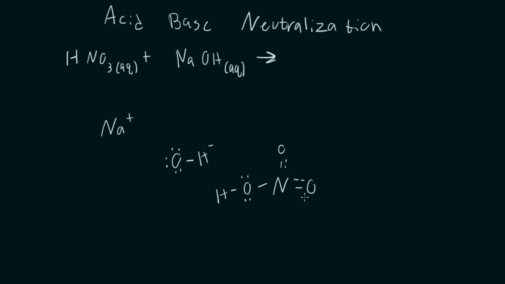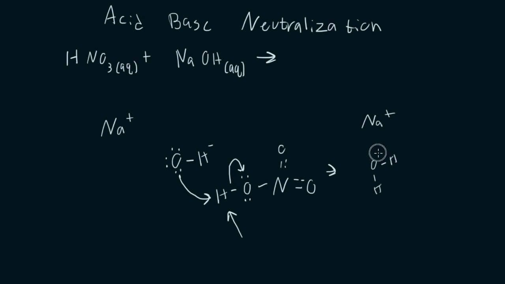The other 2 bonds here would be resonating, but we're not going to concern ourselves too much with that. We're more focused on making sure that we draw out this hydrogen correctly. Once again, the electron pair here is going to come and grab that hydrogen. That hydrogen is going to let go of that bond, and those 2 electrons are both going to belong to that oxygen right there.